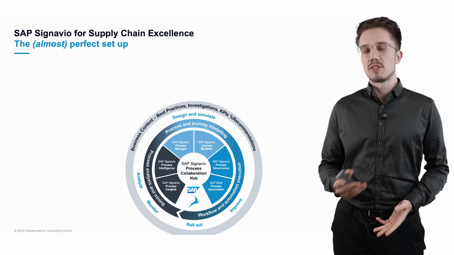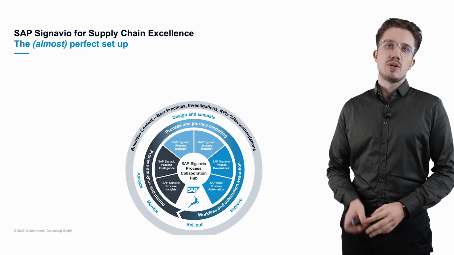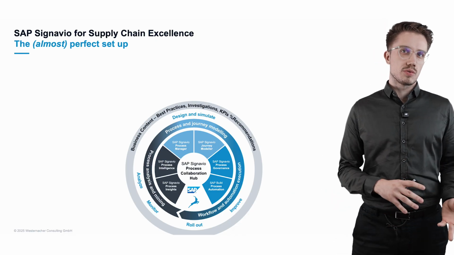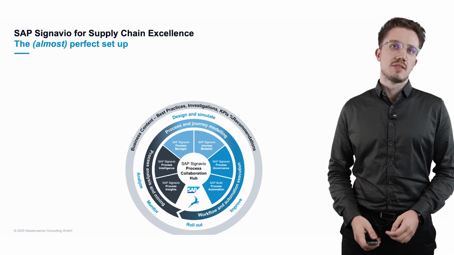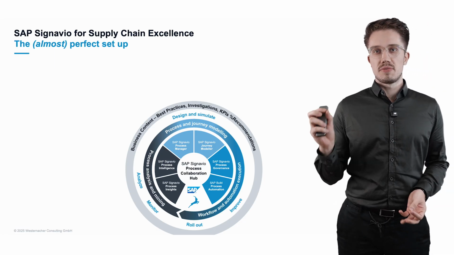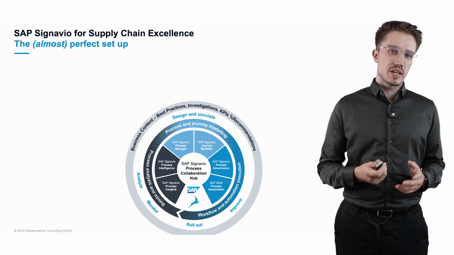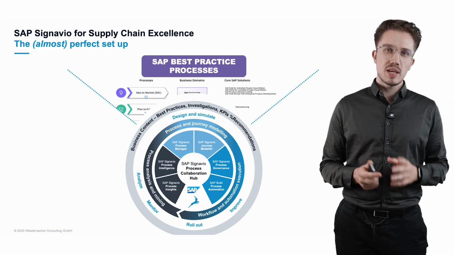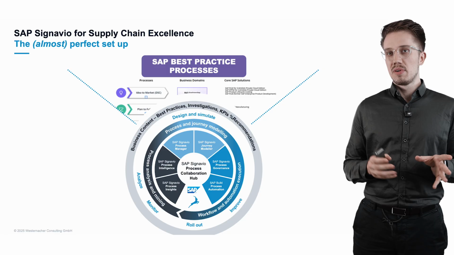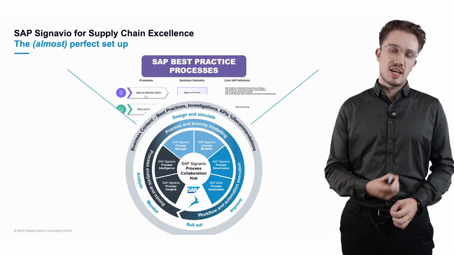Our company is not only using SAP Signavio Process Insights. No. We're utilizing the whole Signavio suite, the almost perfect setup to meet supply chain excellence. When we start at the top, we have SAP Signavio Process Manager and the Collaboration Hub, where we can access SAP best practices and process houses. Here we can quickly find the best practices and the cleanest processes for our supply chain excellence.